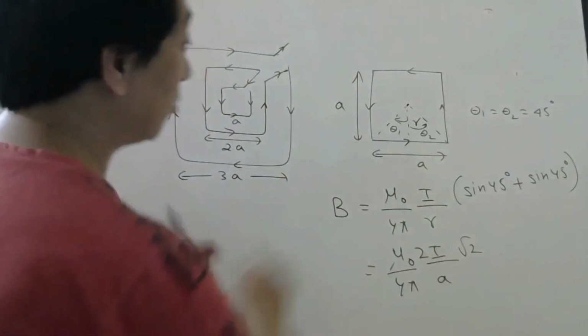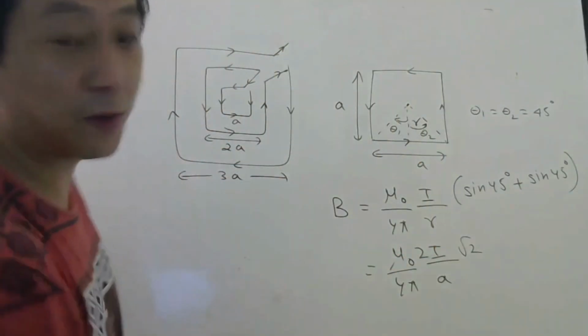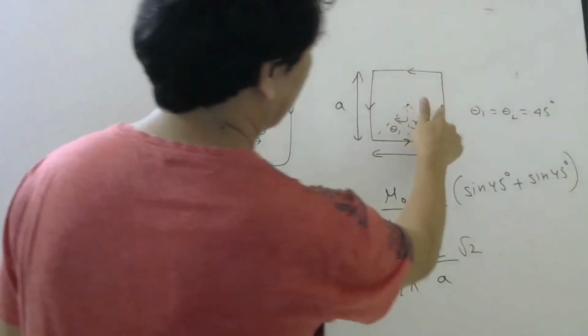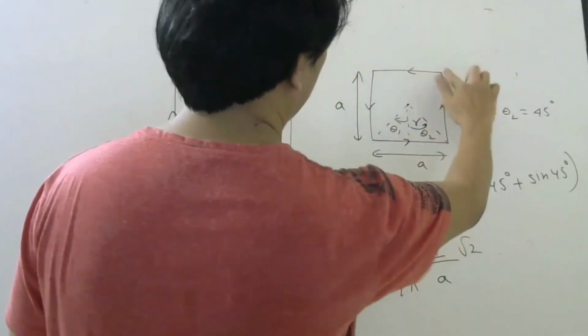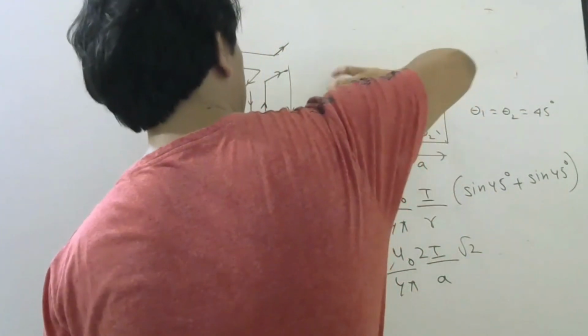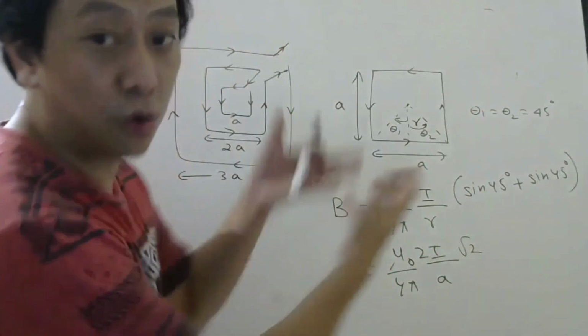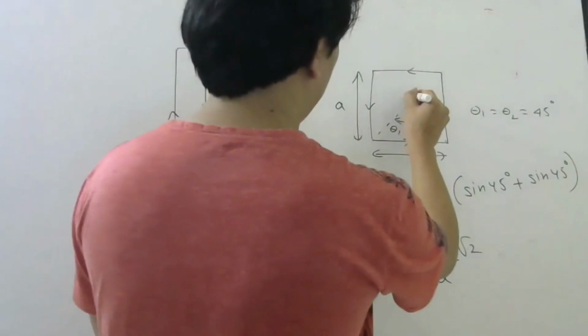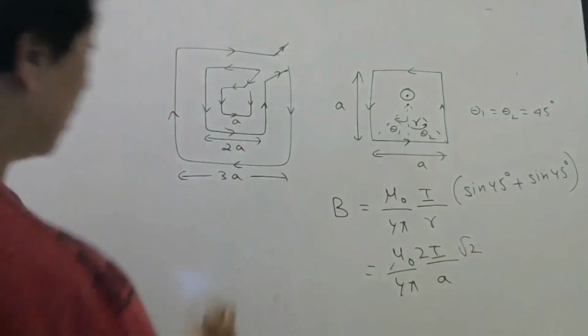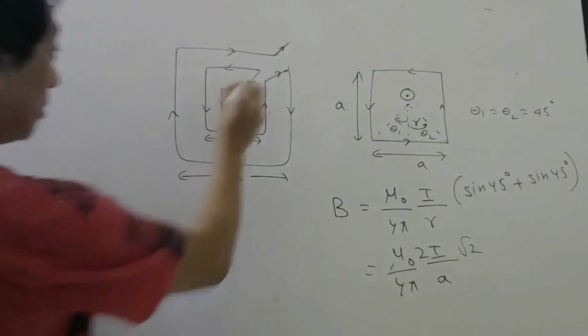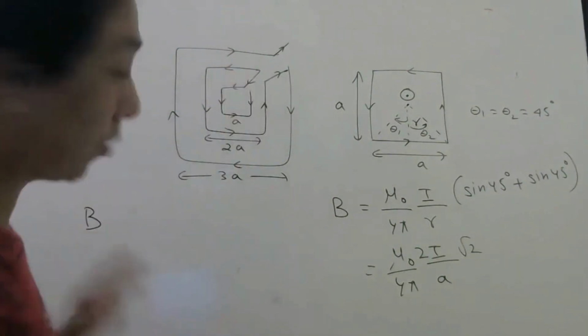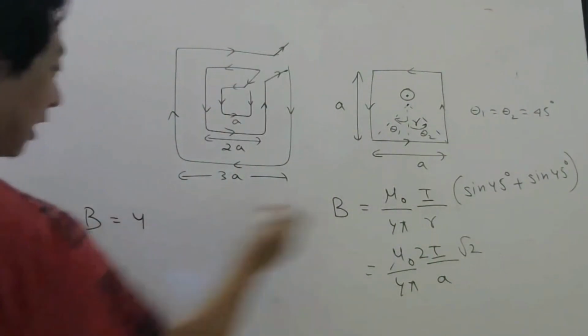Now there are 4 wires. Then direction will be where? Due to this, out. Due to this here, out. Due to this here it will be out. Due to this one it will be here in but here out. So all of them are out. So magnetic field is out. So the magnetic field due to the first square will be 4 times this.